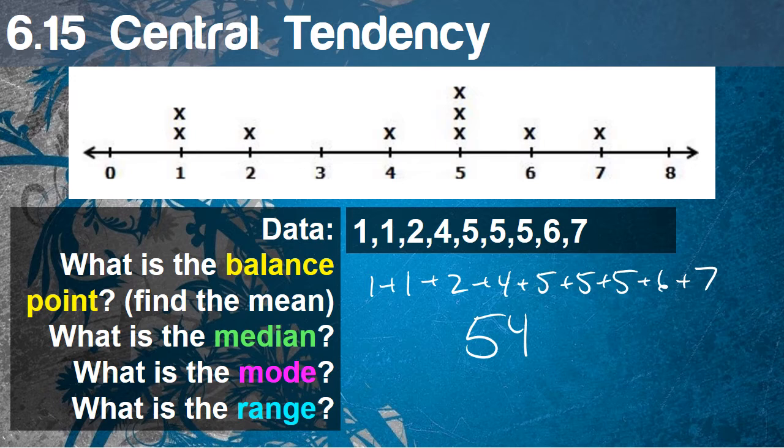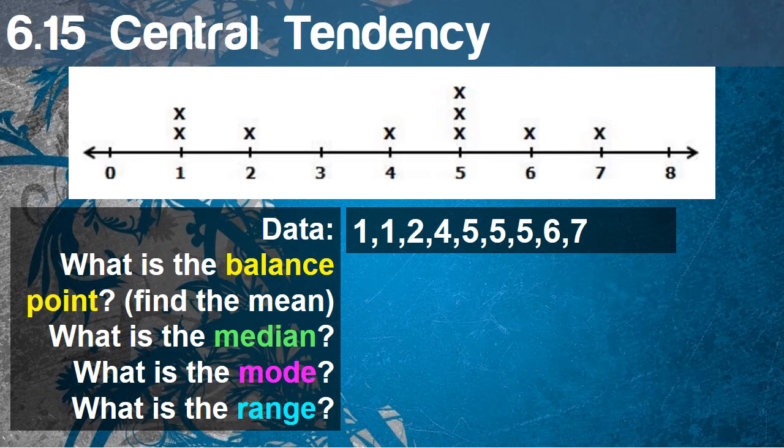The second step in finding the mean or the balance point is we're going to divide by the total number of points in our data set. We have 1, 2, 3, 4, 5, 6, 7, 8, 9. All I did was count the numbers. Then 54 divided by 9 gives me the mean to be 6.